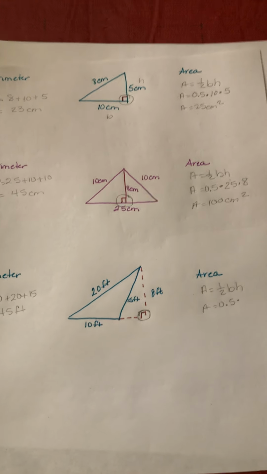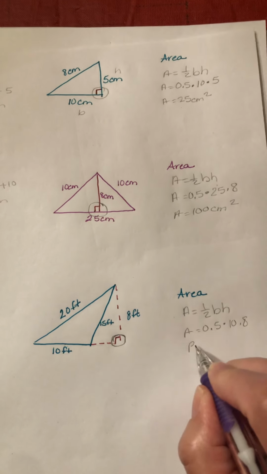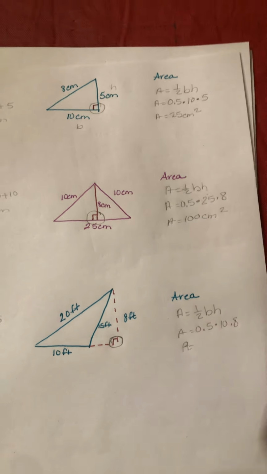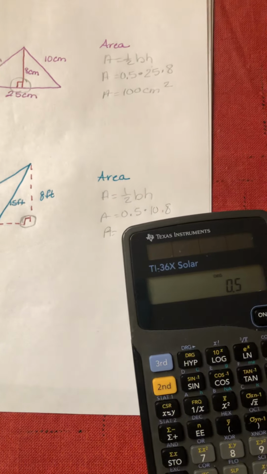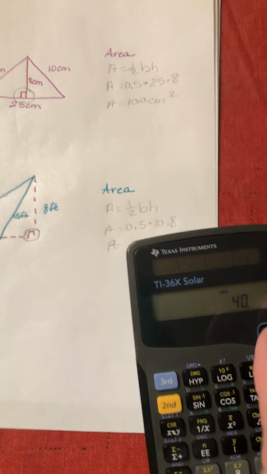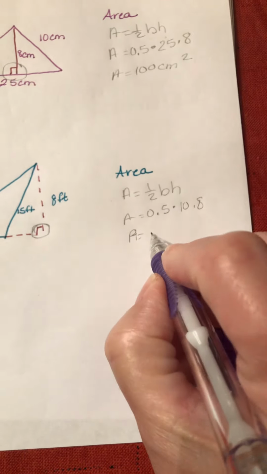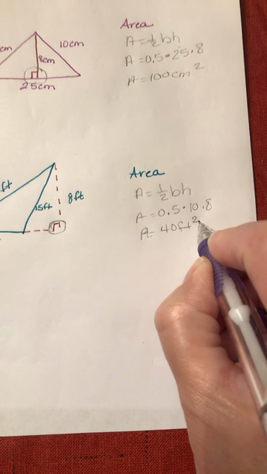So you're going to use 10 and 8. All right, oops. So let's type it in. So 0.5 times 10 times 8, 40. So it's 40 feet squared.